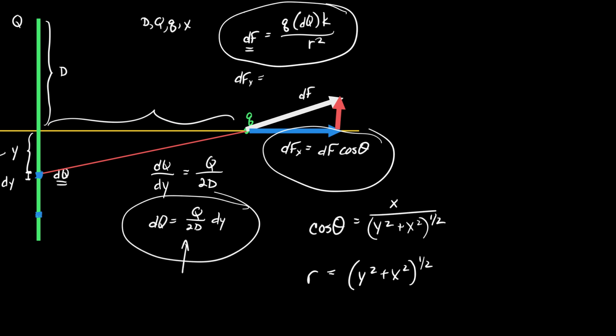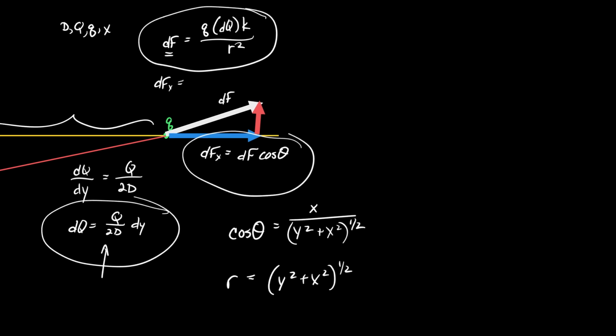So I've now expressed cosine theta in terms of y. X is the variable I'm allowed to have. And I've expressed r in terms of y, and I have dq in terms of y. I'm going to rewrite this force equation in terms of y. So slide that over there.